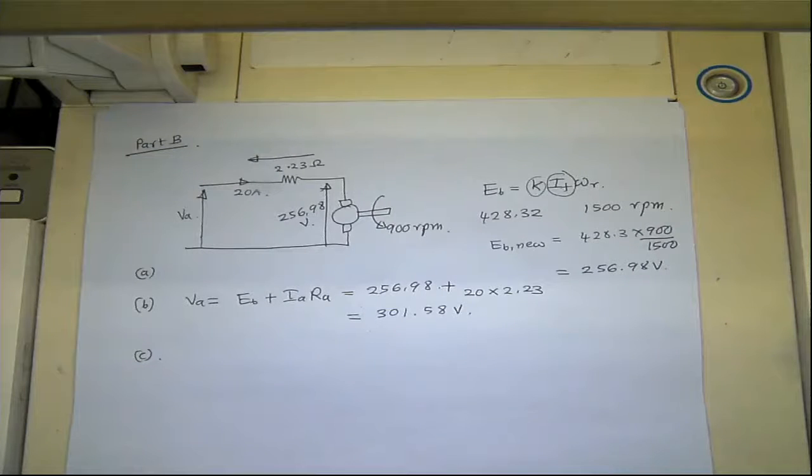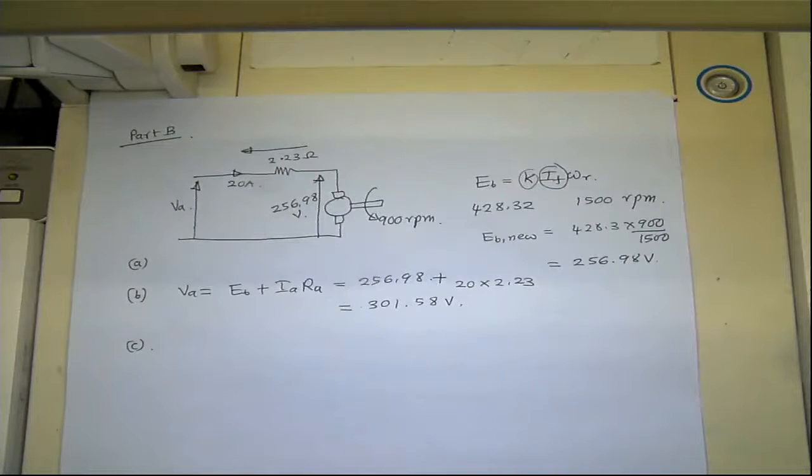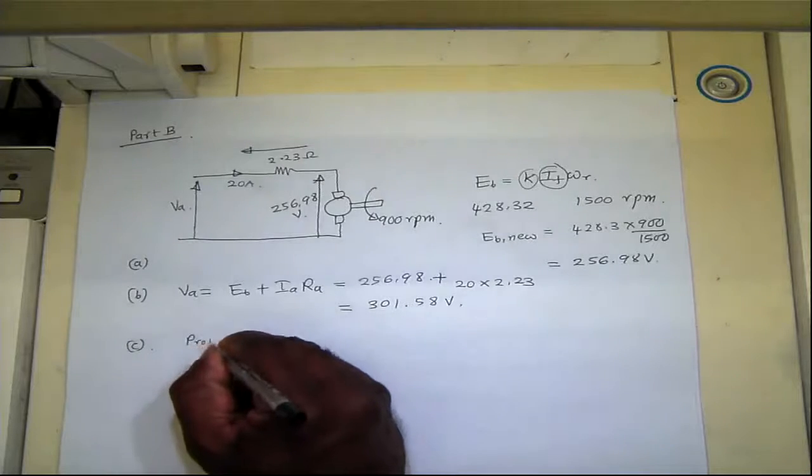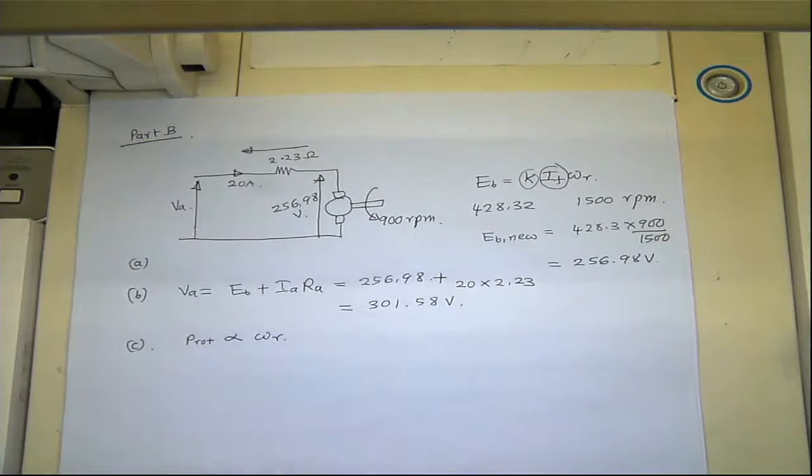So if speed changes, the rotational losses change. But if the load changes, mind the rotational losses don't change. If it's at the same speed, different load, the rotational losses remain the same. So P rotational losses is proportional to speed. We assume this relationship because that's given here.